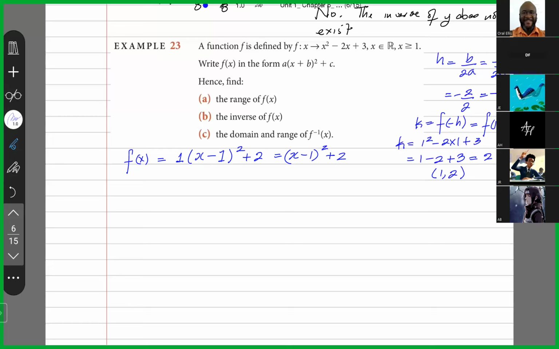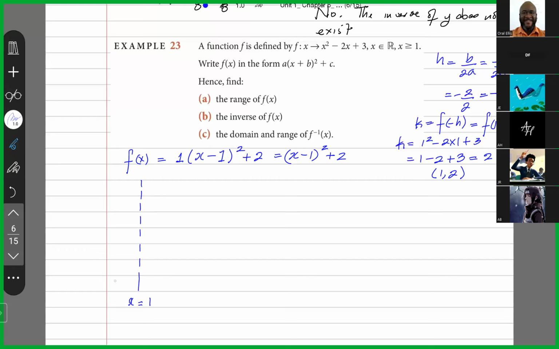Next thing we're asked to, hence find the range and the inverse. Well, remember your quadratic function. This particular quadratic function looks like this. This line is x is equal to 1.